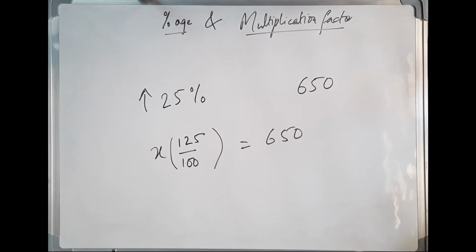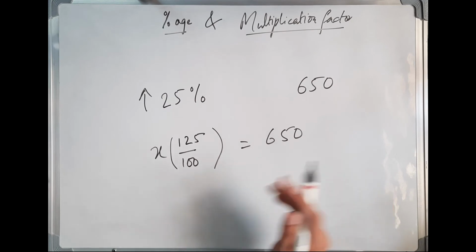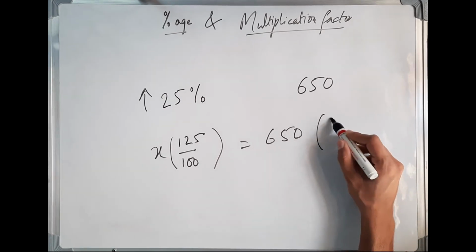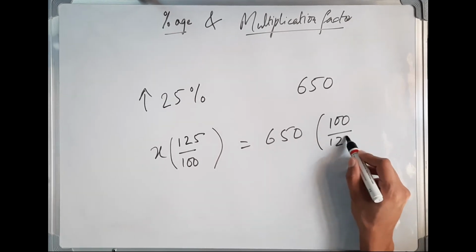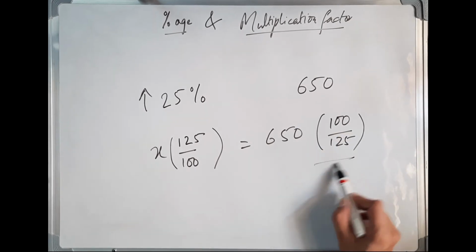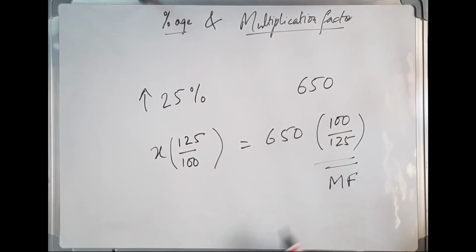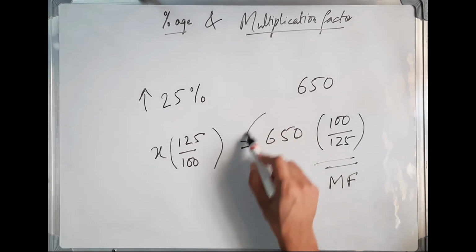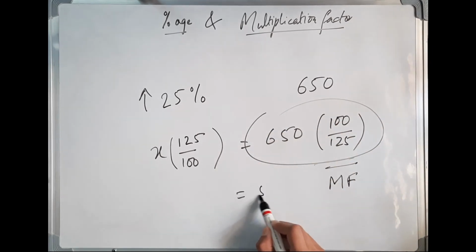To obtain the multiplication factor, I'll have to transfer these numbers to that side. So 100 goes here and 125 goes here. So this is the multiplication factor that will give me the result. If I calculate this portion, I get 520. This was the original number.